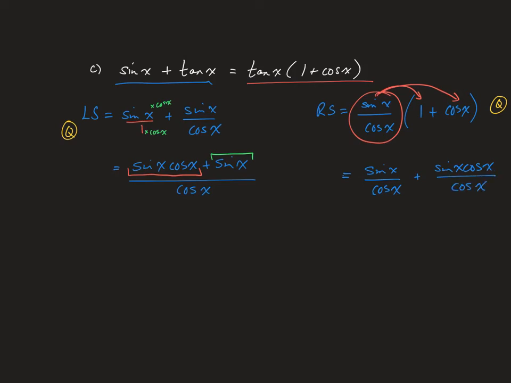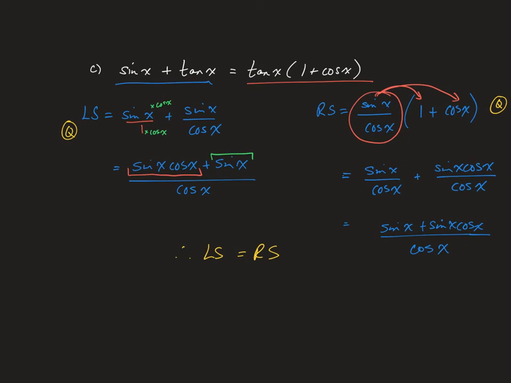Now, I'm hoping that a really good instinct for us would be to divide out those cos x's. However, we don't want that because look back at the left side. We actually want to have a common denominator of cos x because now that I'm adding 2 fractions together, they both have a denominator of cos x, I can add the tops together and notice we just got down to the left side equaling the right side.